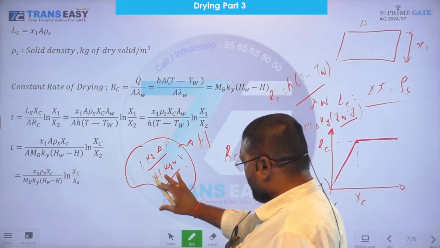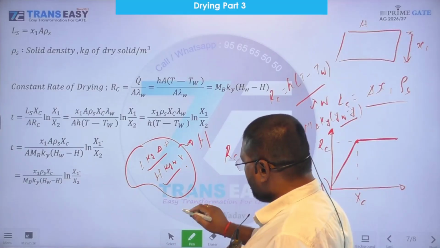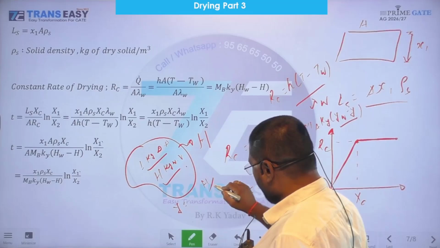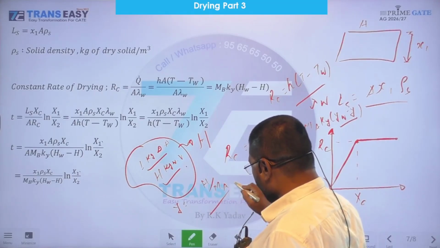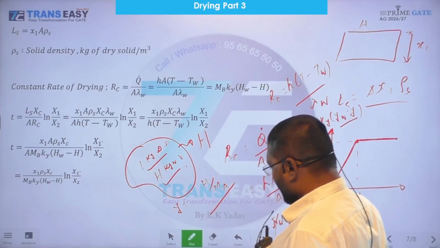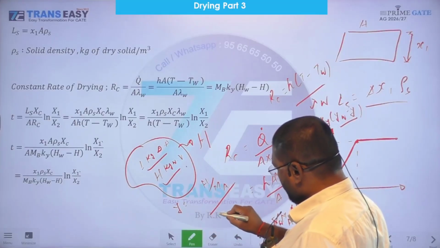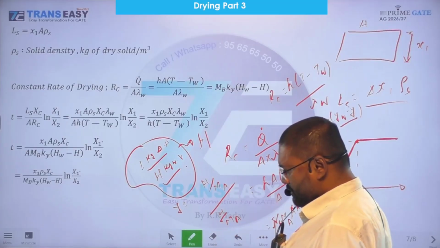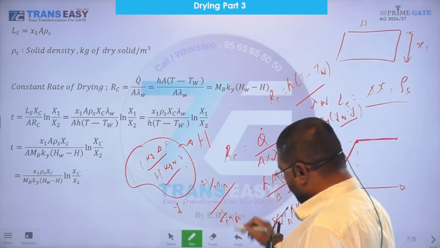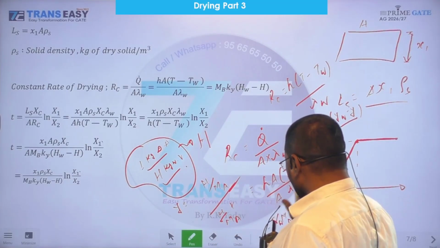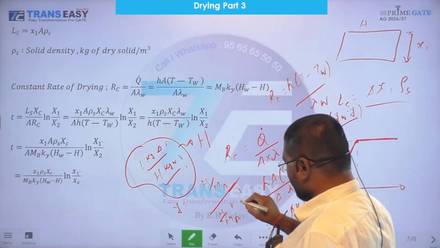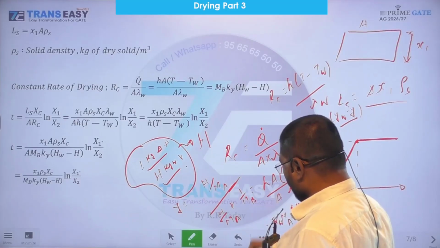So now we can easily define the mole fraction of water vapor: H upon molecular weight of water. This is the mole of water vapor in this mixture. H upon M_B, this is moles of water vapor, plus total moles of components in this mixture, and 1 kg air, mass of 1 over molecular weight of air.